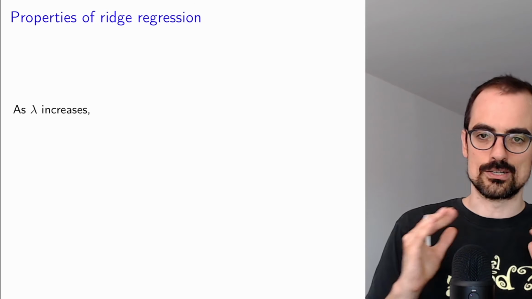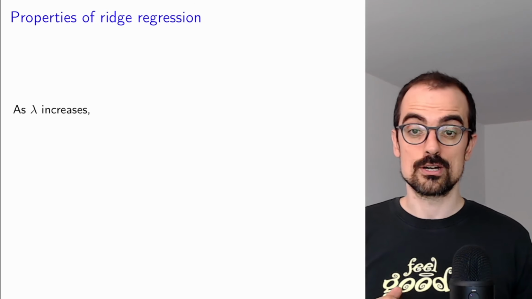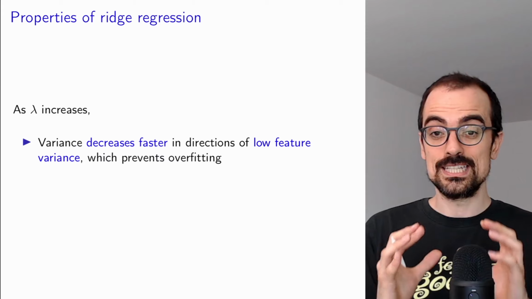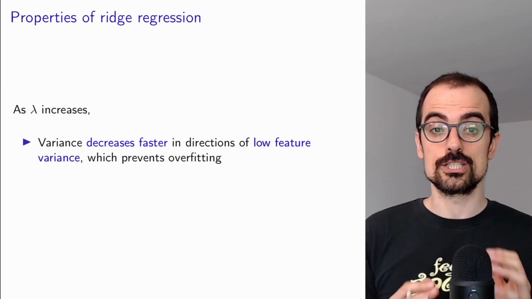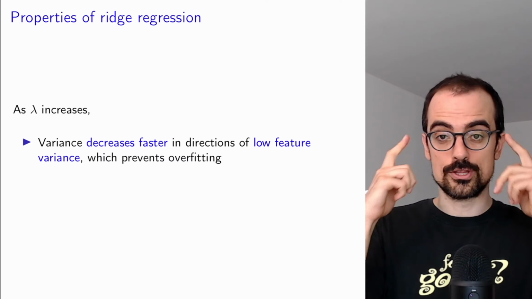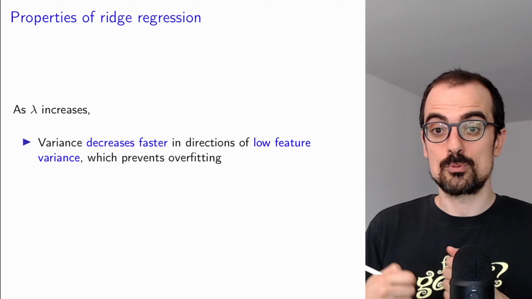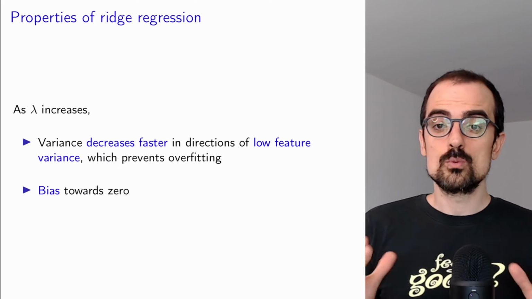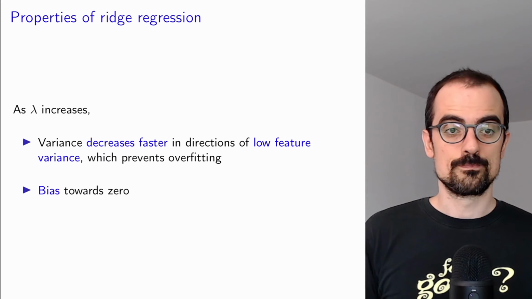So we observe that as the regularization parameter increases in ridge regression, the variance decreases, and it actually decreases faster in directions of low feature variance, which is exactly the directions which are problematic for the ordinary least squares estimator, and this prevents overfitting. However, there is a price to pay, which is a bias towards 0.